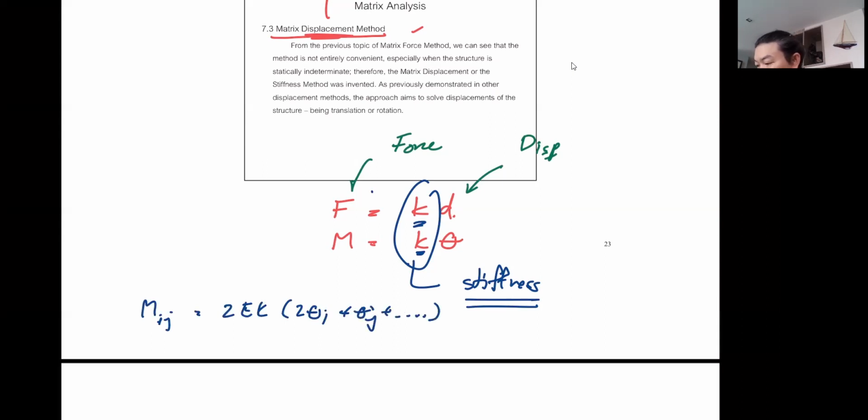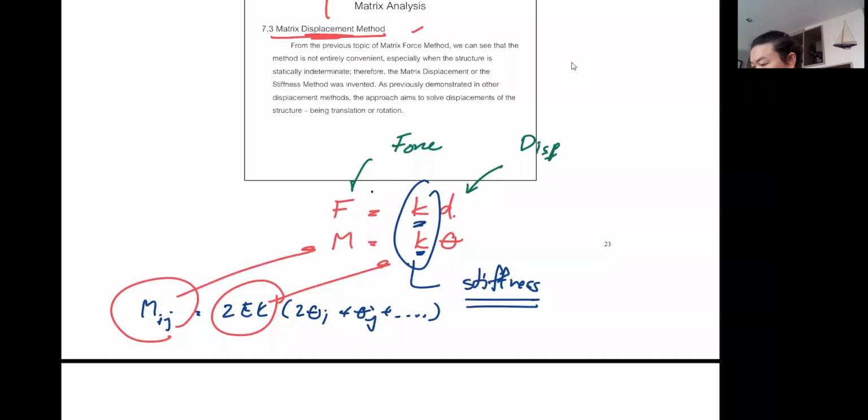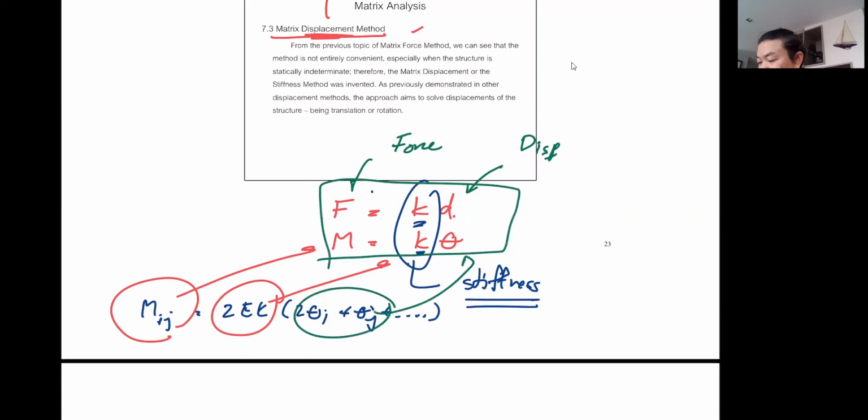You see, this is the stiffness, that is the force, and that is the displacement. And when you have a large series of simultaneous equations in equilibrium state, you can always write them in terms of the matrix. And the matrix is something that the computer can recognize.